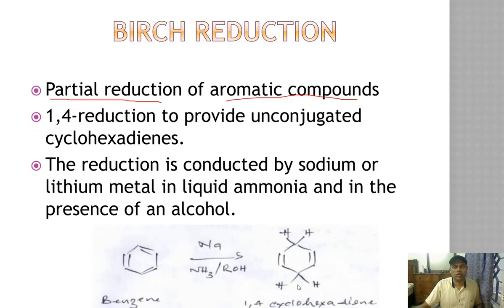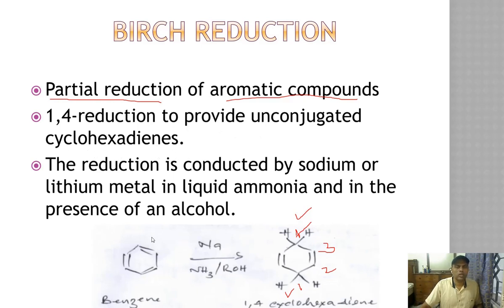This is the aromatic compound 1, 2, 3, 4, right? Reduction is going to take place at position number 1 and position number 4. So it is only the partial reduction. These position numbers 2, 3, 5, 6 are not going to get reduced. So one four reduction to provide unconjugated cyclohexadiene.